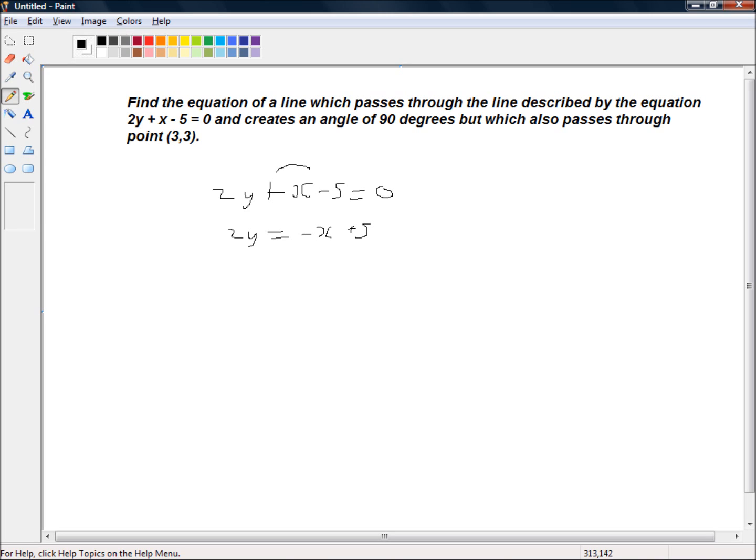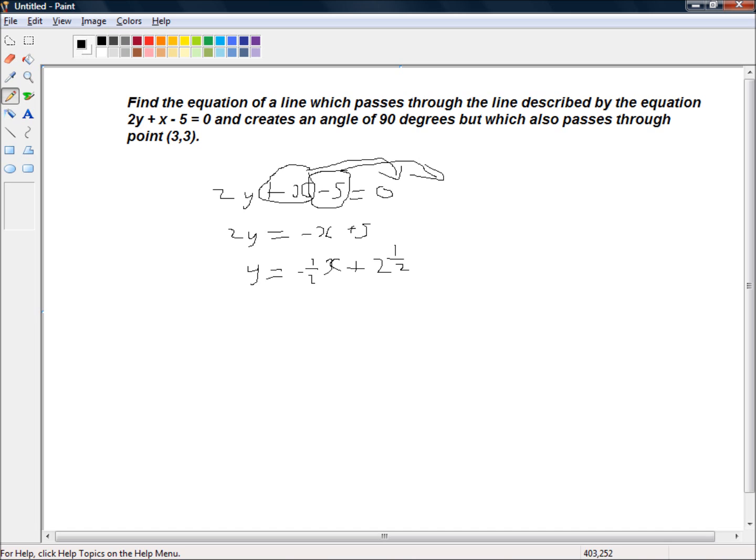I've taken the plus x over this side of the equation and it's become negative, and I've taken the -5 over and it's become positive. And now if I divide everything by 2, I get y is equal to -1/2 x plus 2.5.